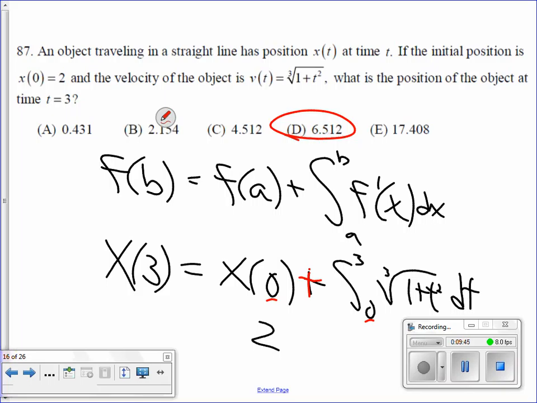Okay, normally I would say you can integrate velocity and figure out plus c. You cannot integrate velocity, because if you try to do u substitution, you don't have a t for the du. So the only way you could get this answer is with a calculator. It's impossible to integrate the cube root of 1 plus t squared without a calculator.